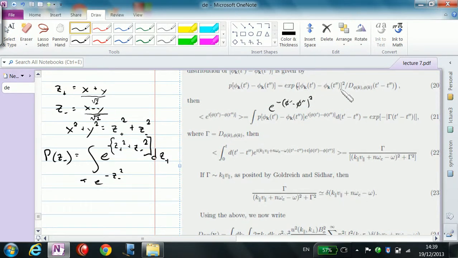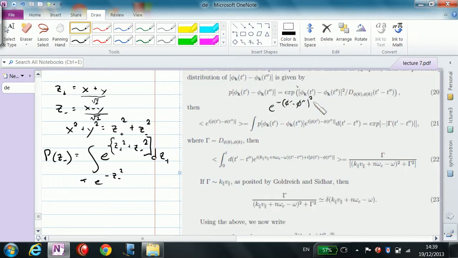Oh, wait, but you need to divide by the... Okay. The idea is if I complete the square, you still need to divide by the... this is over D.